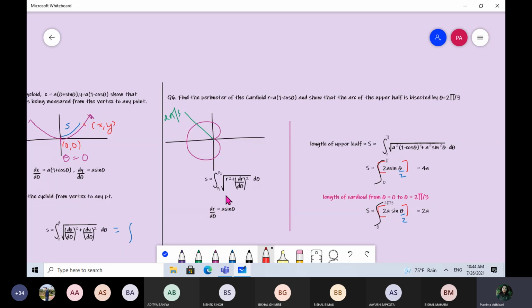So you will apply again your rectification formula for polar curves. For that you need dr over d theta. And you have to show that the length of the upper half is twice the length of the cardioid from 0 to 2 pi by 3.